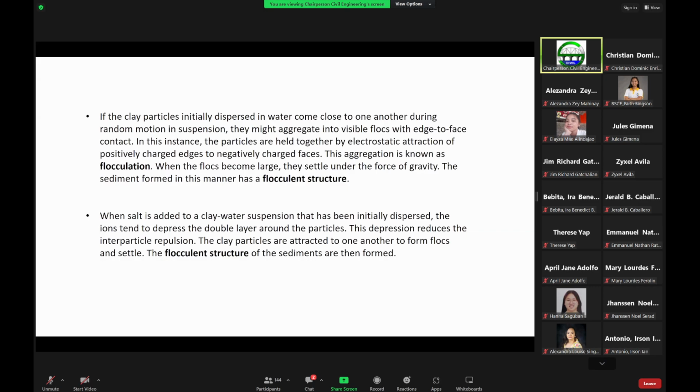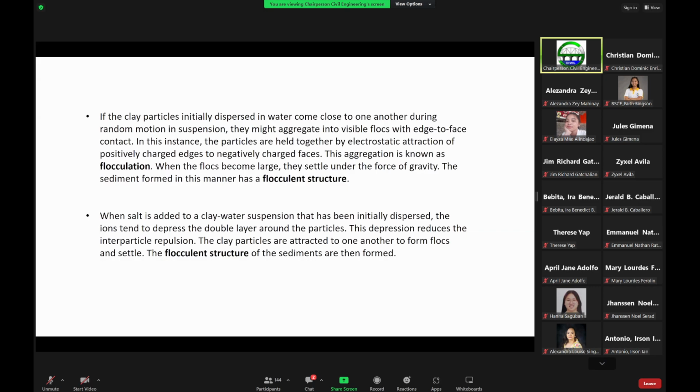This aggregation is what we call flocculation. Now, when the flocks become large, they settle under the force of gravity. In this case, the sediment formed in this manner has a flocculent structure.